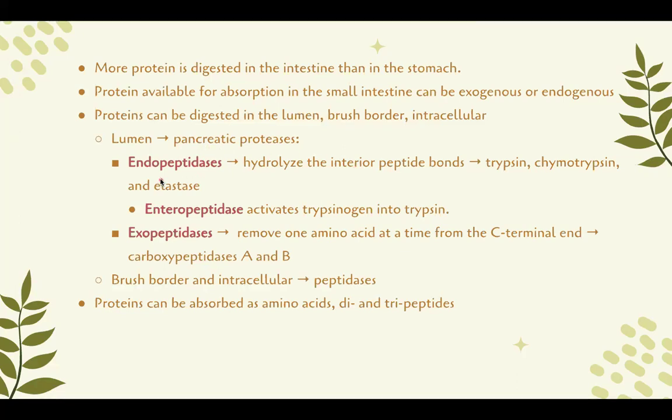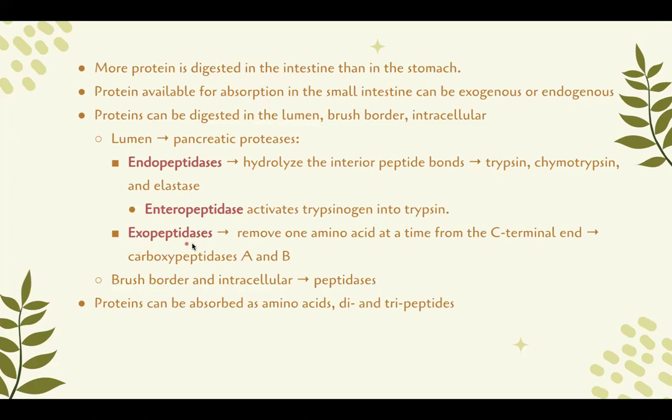So endopeptidases, they do that as well. Okay, they go to the inside of the peptide chain and they break down the inner bonds, okay? Some endopeptidases from pancreatic enzymes are trypsin, chymotrypsin, and elastase, okay? Then we have exopeptidases.